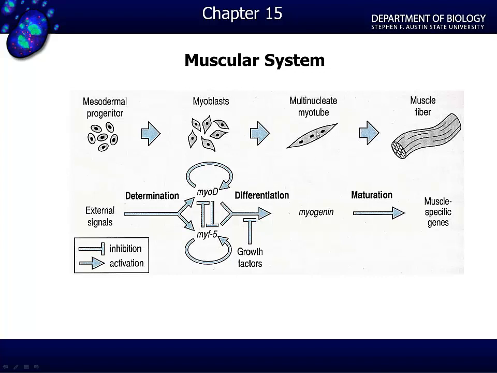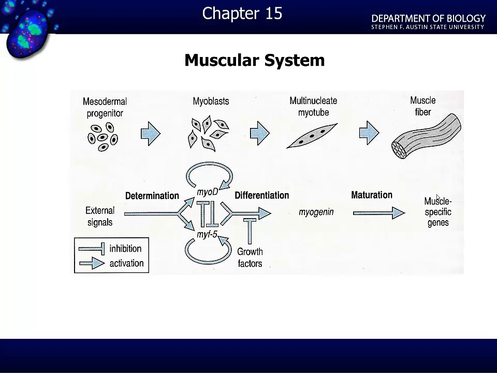And once we begin to form our myotubes, then we see other regulatory factors turned on, such as myogenin. And then we undergo the maturation process, and we have our muscle-specific genes, again, such as actin and myosin, troponin, tropomyosin, dystrophin, all of those elements that we studied in the microscopic anatomy of muscle cells.